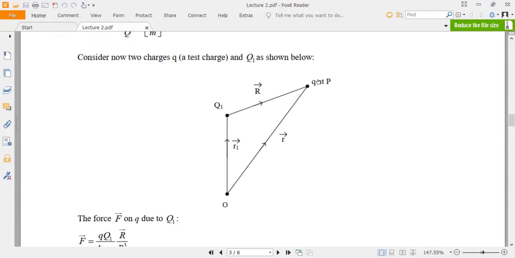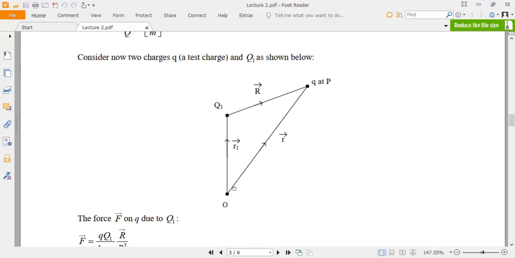Since this is small q, I can just represent this as a distance vector. I don't need to say 1, 2. So this R bar is the distance vector pointing from my charge Q1 to my point of interest, which is P, where I have placed a test charge.